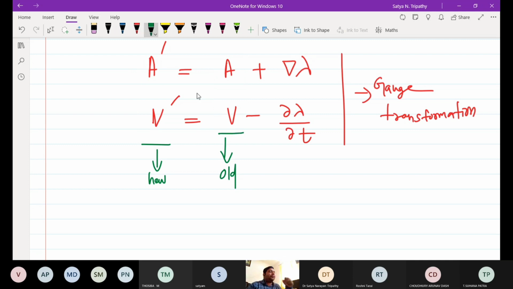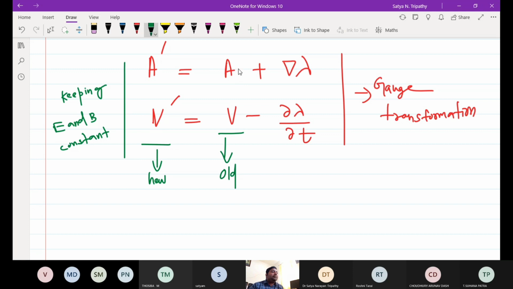So if I want to go from old coordinates to the new coordinates, keeping E and B constant, suppose I do the gauge transformation. It means I go from old to new by adding a gradient of a scalar function to the old vector potential, and I subtract from the scalar potential.